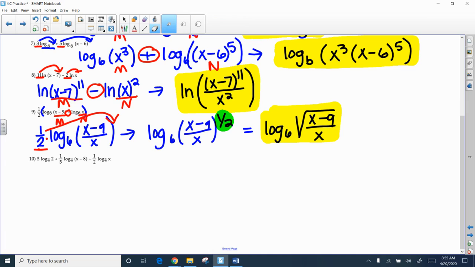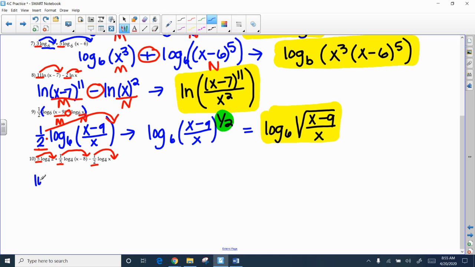All right, and number 10. Notice this one has 3 logarithms, so when we're done, we're going to end up with only 1 logarithm. First of all, before I can condense these, they all have a constant in the front, so all of these constants are going to move to the power.